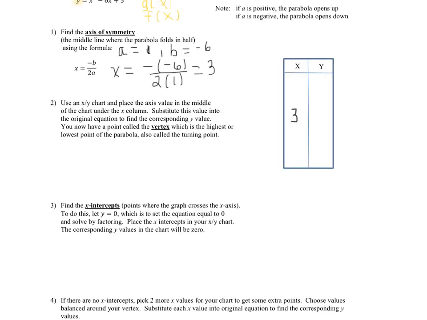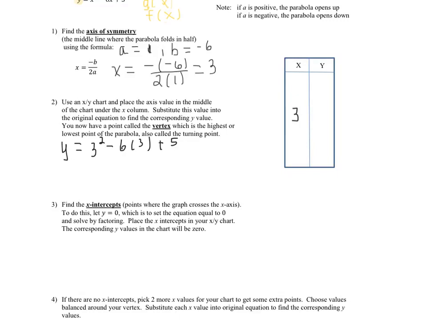So the next step is to take our x value of 3 and find the y value that goes with it. So we are going to substitute 3 into the original equation and find the y value. So we have 3 squared minus 6 times 3 plus 5.